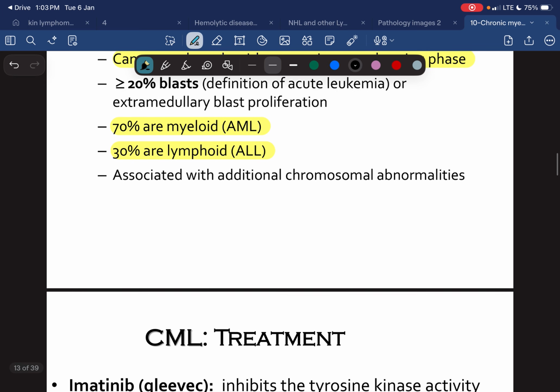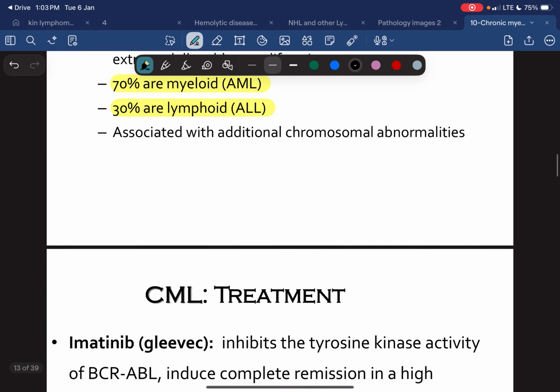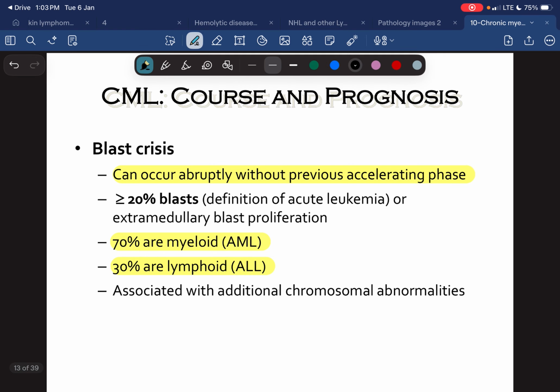Okay? So early in the differentiation, a very primitive cell acquires the mutation. When blast transformation happens, acquiring additional mutations, the stem cell or progenitor cells, related to their stem cell characteristics, can differentiate into lymphoid blasts, giving the ALL crisis.